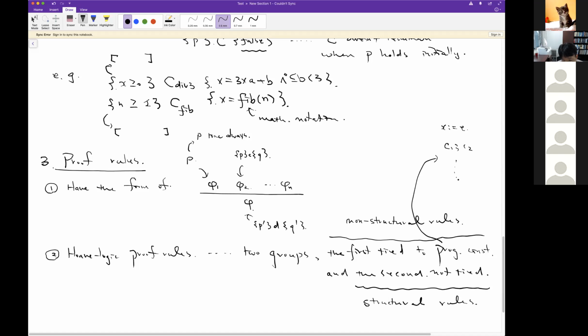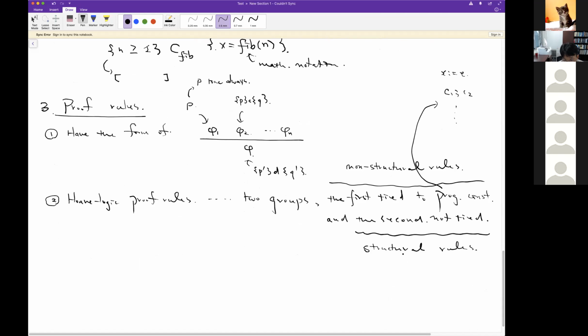Actually, not necessarily one, but a proof rule tied to each of these constructs. These fall into the first group. And the second group is not really tied to this. It can be applied to any command, so it doesn't make any assumptions about the form of the command. That's why it's called structural rules.